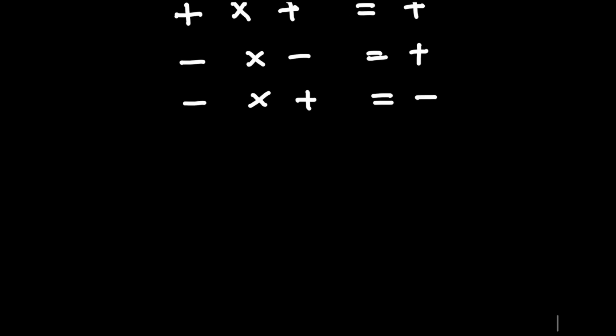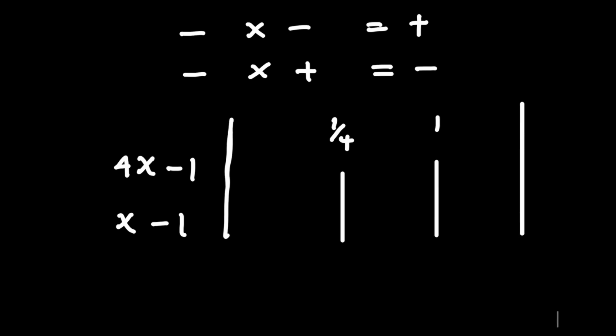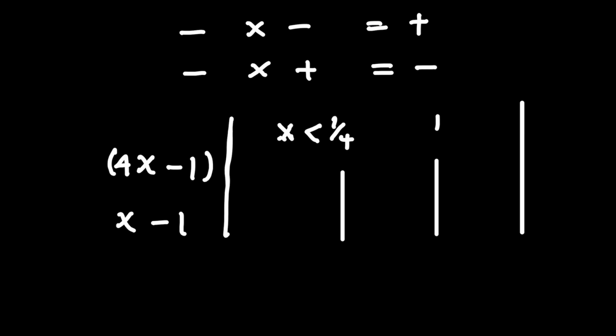So now you've got two brackets: 4x minus 1, and x minus 1. Then you've got your critical values, which are 1 over 4 and 1. Now you are going to find values of x that are less than 1 over 4 and insert them in this bracket.